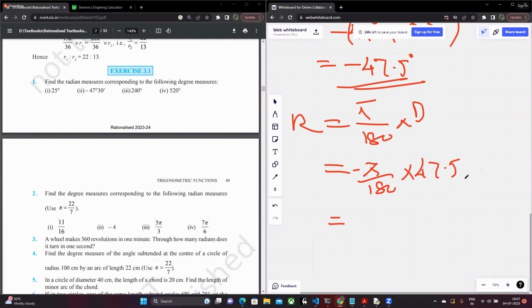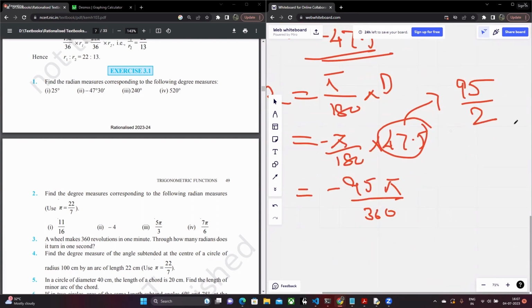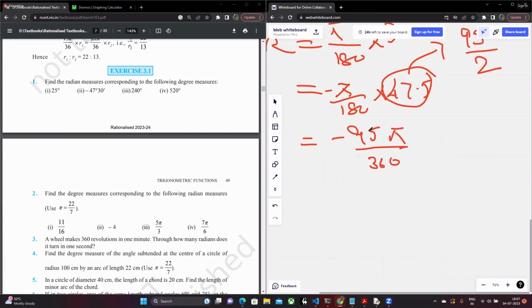since 47.5 is 95 by 2, I can write this as minus 95 pi divided by 360, right? I'm writing that 47.5 is 95 by 2, and so multiplying by 180 is 360, and 95 comes over here. The minus sign is here. And so I'll basically divide this by 5.